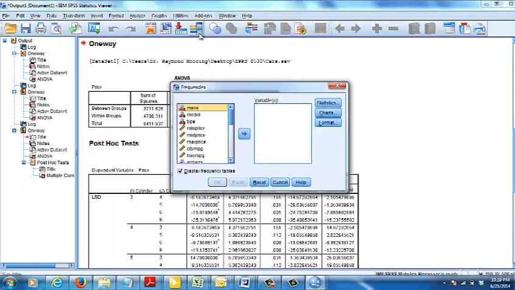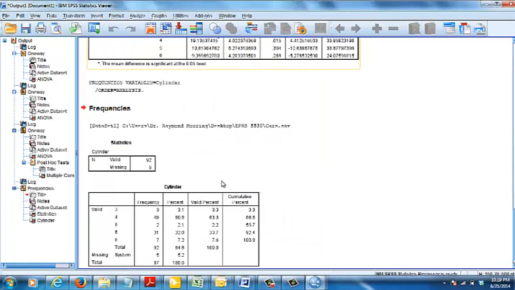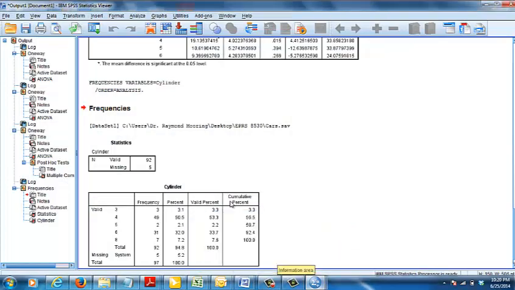So frequency of cylinder. I'm only familiar with 4, 8, and 6. I wonder what the other ones are. There were some 3 cylinders, some 4 cylinders, some 5 cylinders, some 6 cylinders, some 8 cylinders, and there were some that were missing, and so we just left those out of the calculation. So there were actually 5 different types of cylinders. 5 minus 1 is 4, and that's where you get the 4 from.